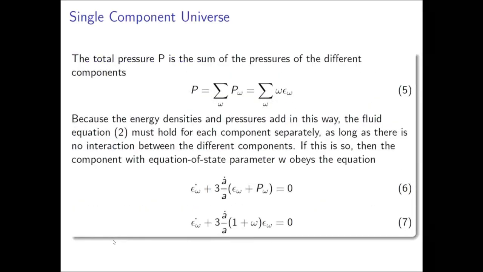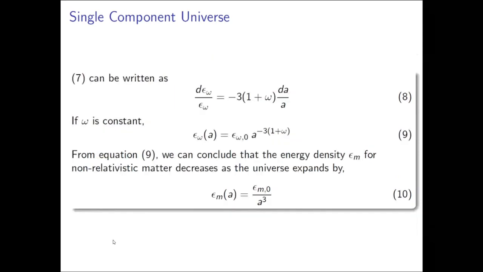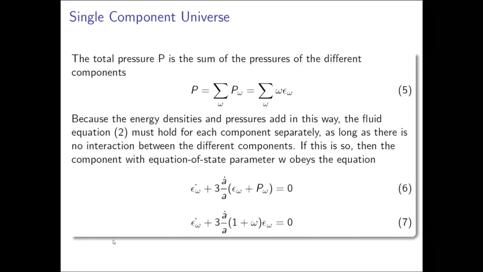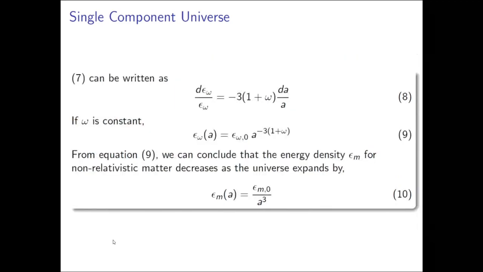That is, epsilon omega dot plus 3 a dot by a times (epsilon omega plus p omega) is equal to 0. After we substitute for pressure, that is omega times epsilon omega, we get the simplified equation number 7. Writing the dots in terms of differential symbols, we get d epsilon omega by epsilon omega equals -3 times (1 plus omega) da by a.